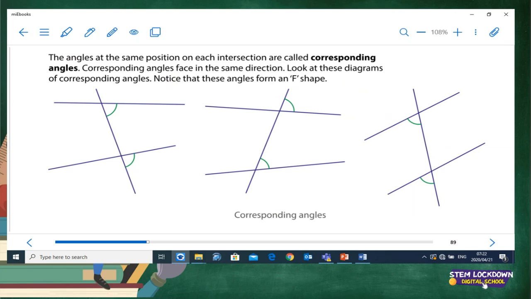You can see that the corresponding angles are not the same as the alternate angles. If you look at these diagrams carefully, you can see that these corresponding angles form an F shape. And these are the angles that we will thoroughly look at as we proceed with our lesson.